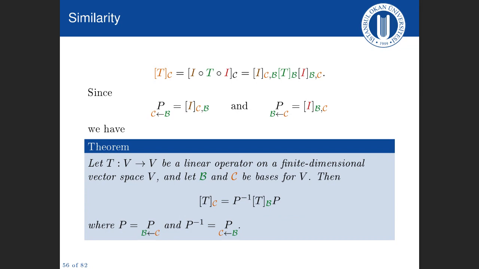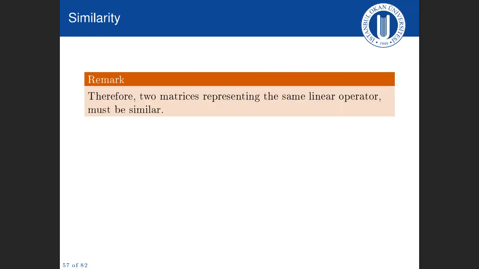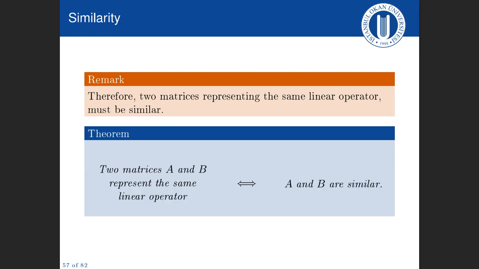Now, we started this section by talking about matrix is equal to P inverse matrix P, when we started talking about similar matrices. This theorem tells us that if we have two matrices representing the same linear operator, then they must be similar. And in fact, we can go further than this. It's not just implies, it's if and only if.